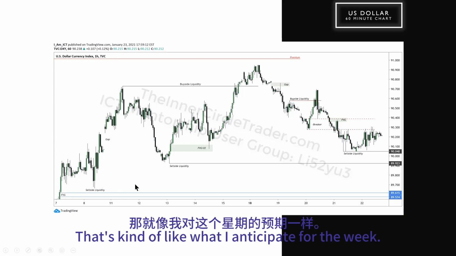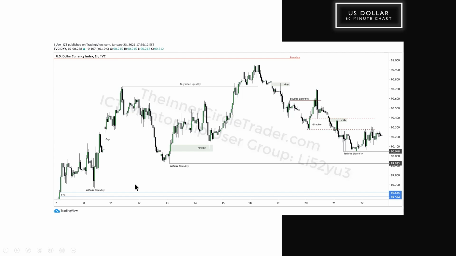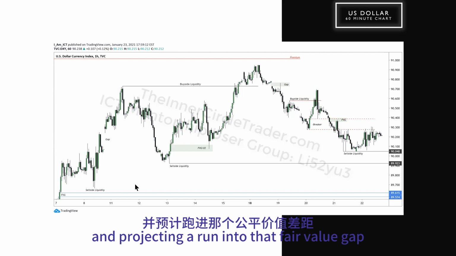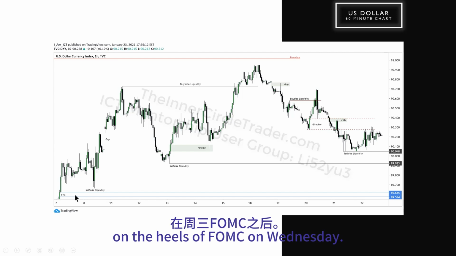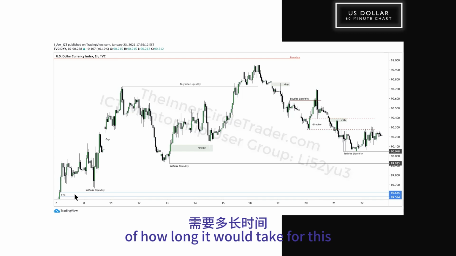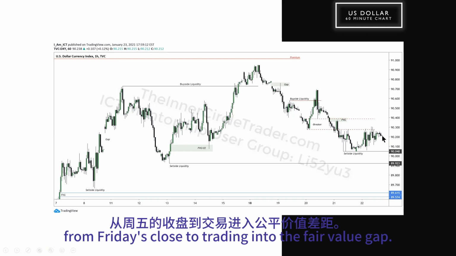That's kind of what I anticipate for the week. So I'm forecasting and projecting a run into that fair value gap on the heels of FOMC on Wednesday. Okay, that kind of gives me the time frame of how long it would take from Friday's close to trading into the fair value gap.